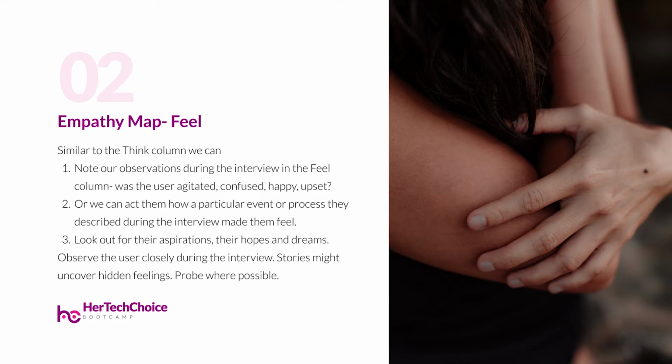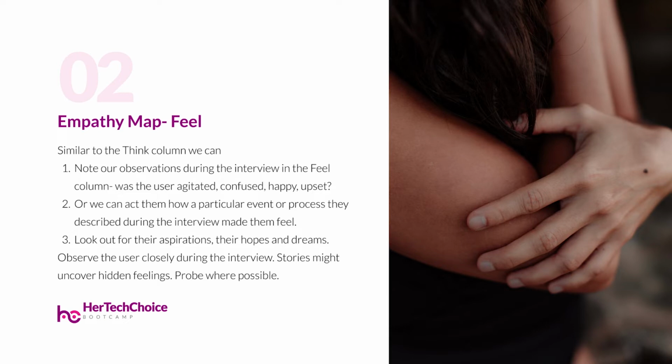Or we can ask them how a particular event or process they described during the interview made them feel. Look out for their aspirations, their hopes and dreams. Please observe the user closely during the interview. Stories might uncover hidden feelings. Probe where necessary and where possible.